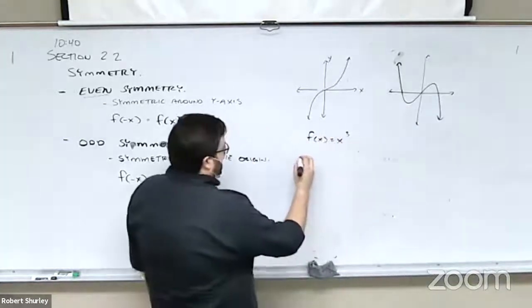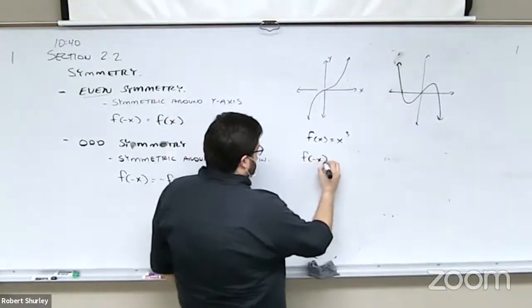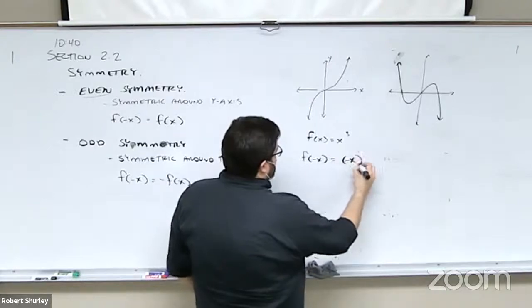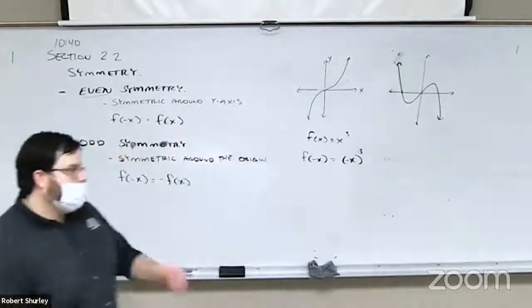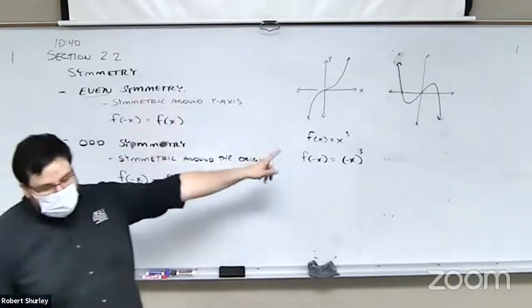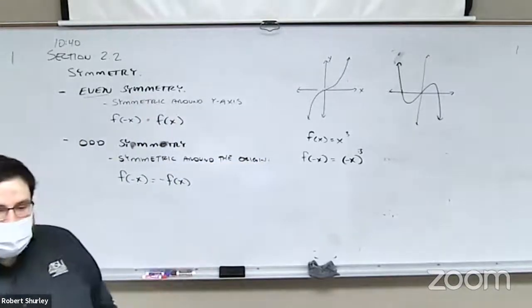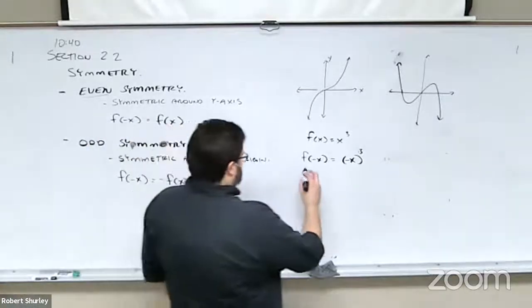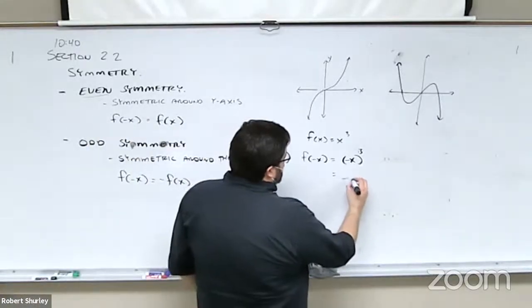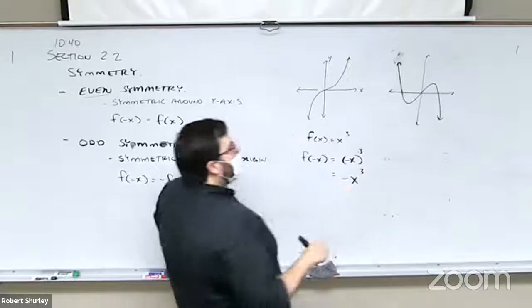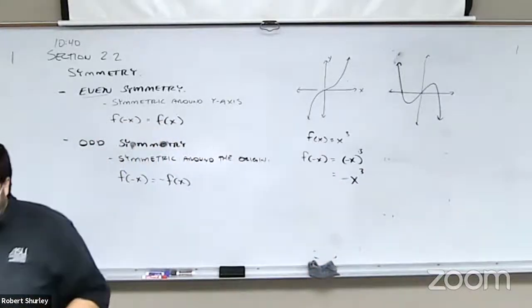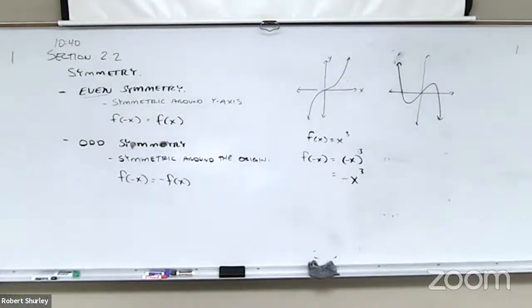If I plug in f of negative x here, I get negative x cubed. The difference when you cube something compared to squaring it is that it keeps its sign, right? If it was squared, it would turn positive, but since it's an odd degree, it turns negative.